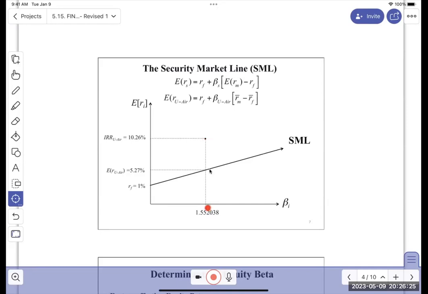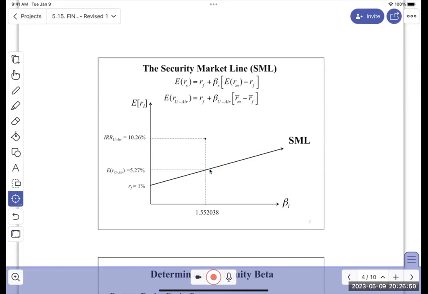For this level of risk, the required rate of return for UAR, which we calculated, was 5.27. But the UAR Bahamas project is all the way up here, so it would be attractive to invest in it. I've plotted everything on the SML like we see.